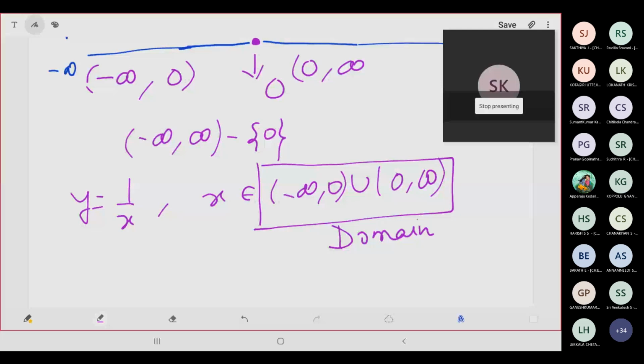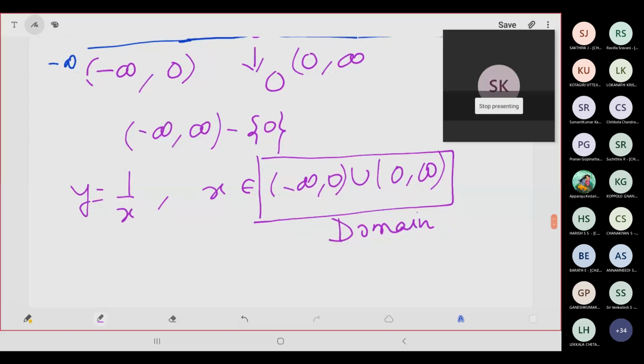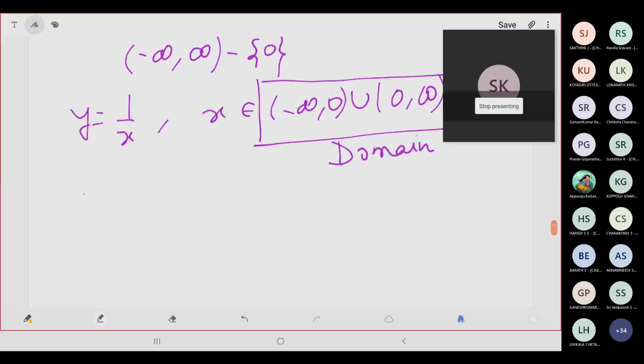Now another thing we are going to take here. Suppose a function of this kind, y is equal to x square, and you try x from the real line. You can see that at all the points inside the real line the function is finite.